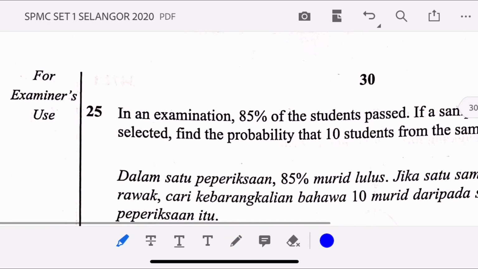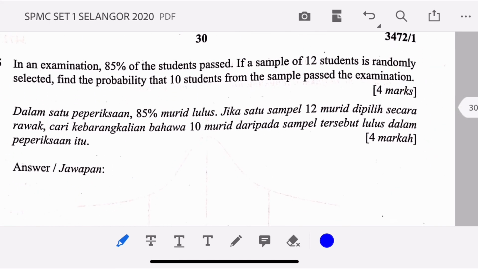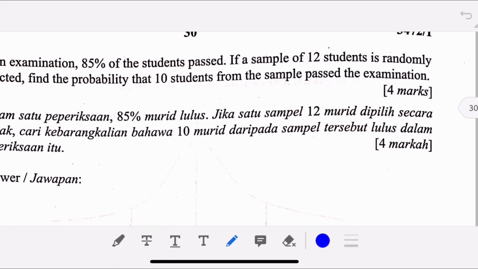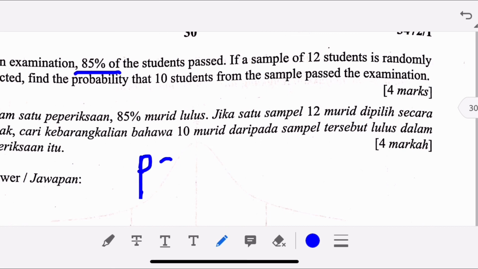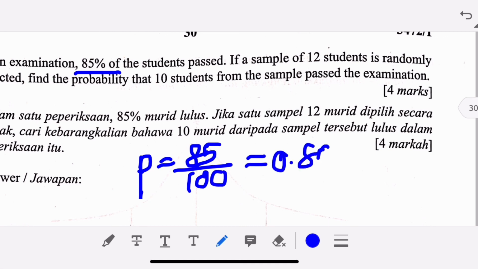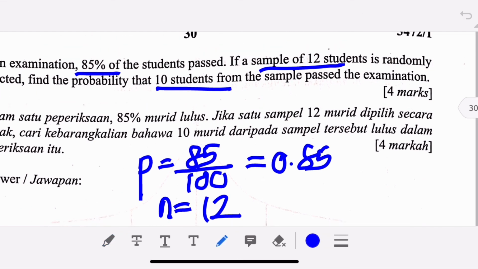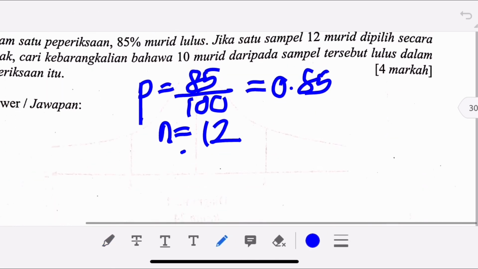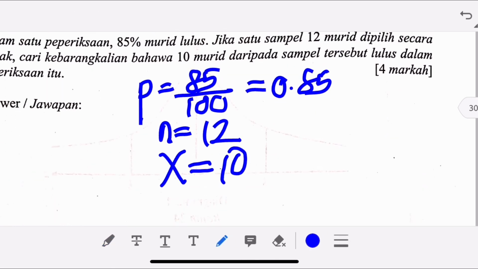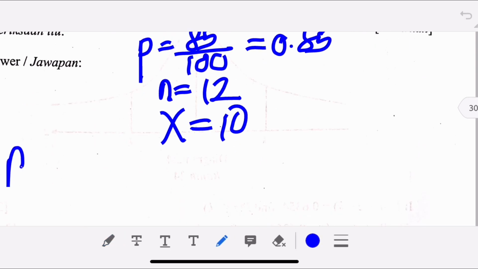Okay, we have reached the final question. In the examination, the probability of passing is 85%, which is 0.85. The sample is 12 students, and we want the probability that 10 students from the sample pass the examination. This is quite simple.